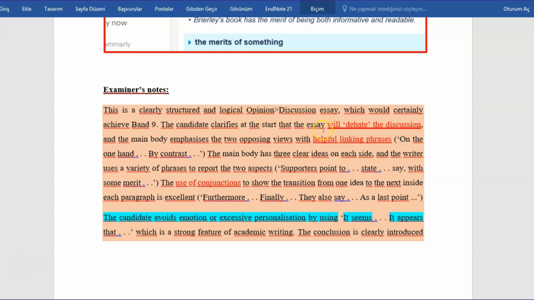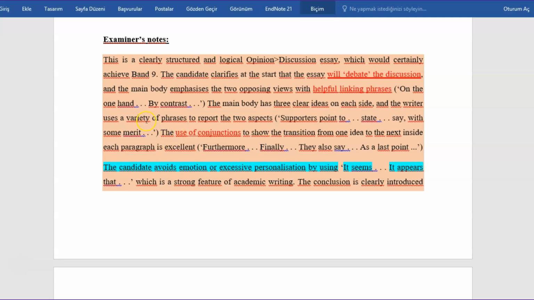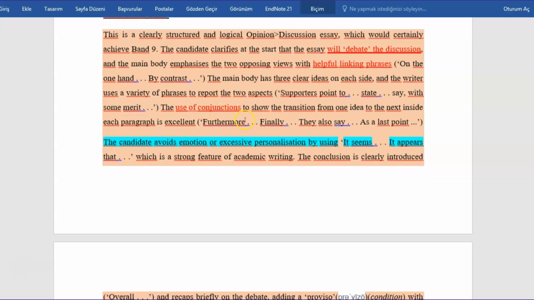As we said before, this is a discussion type essay, and the candidate used actually very helpful linking phrases such as on the one hand, by contrast, or a variety of phrases such as supporters, point to, state, say, with some merits, and usage of conjunctions such as furthermore, finally.